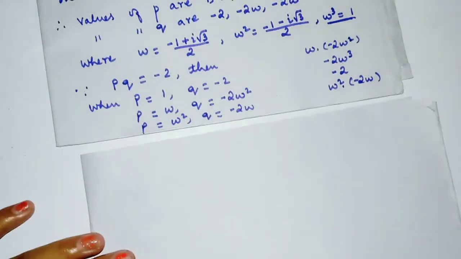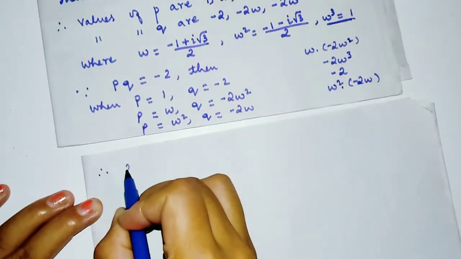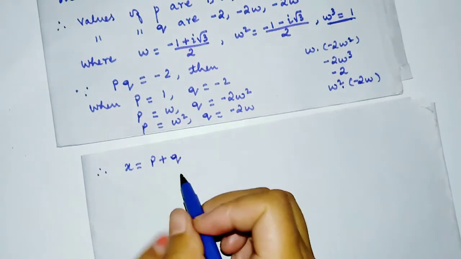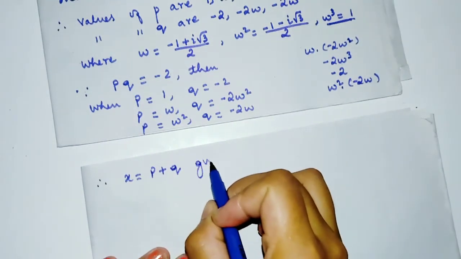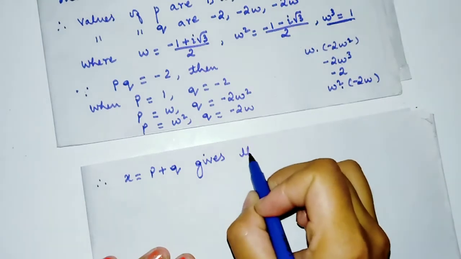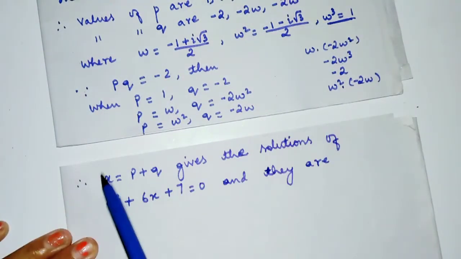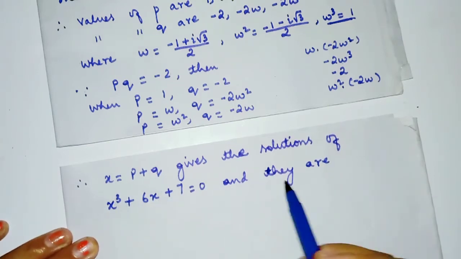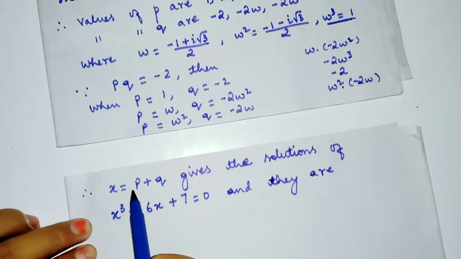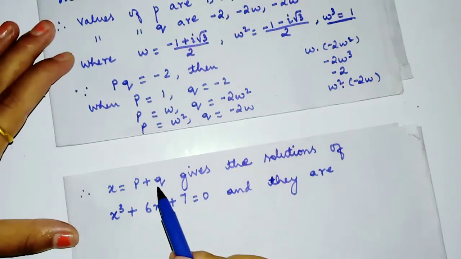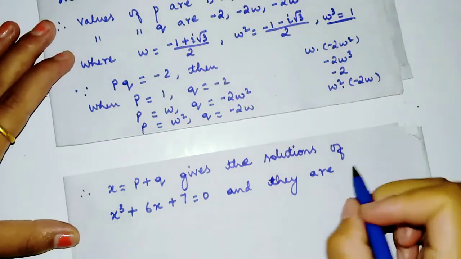Finally, therefore, this expression p plus q from the beginning gives the solutions of this equation. When p is 1 and q is minus 2, then we get minus 1.